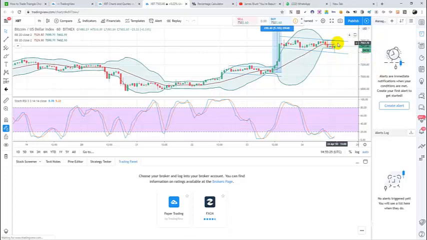Or you can wait for the bigger move, which is breaking this middle line and hitting this top of the band, which is around $7,591. Or you can use the resistance line here as your take profit.